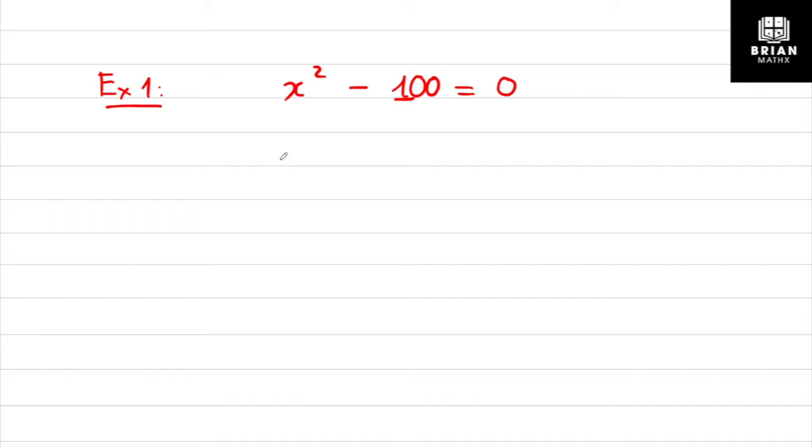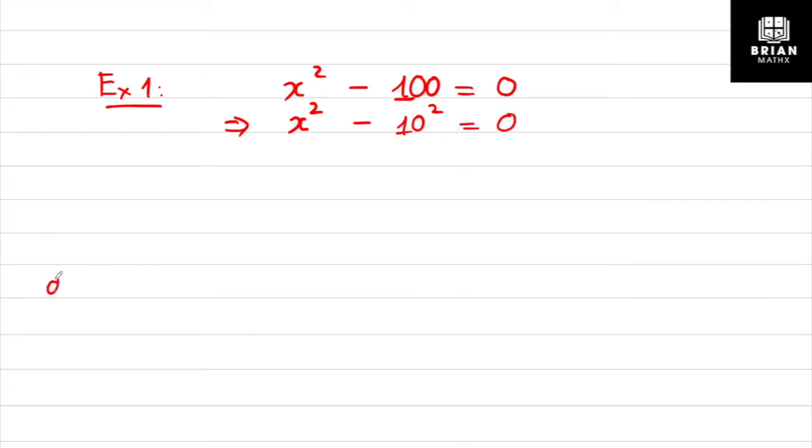For the first step of this equation, I want you to help me factorize the left hand side. You can see here the expression x squared minus 100. I change 100 to 10 squared, so it will be the difference of squares.